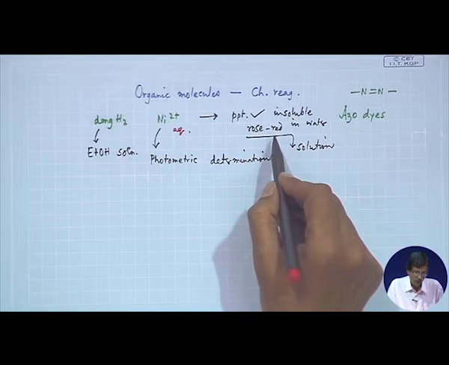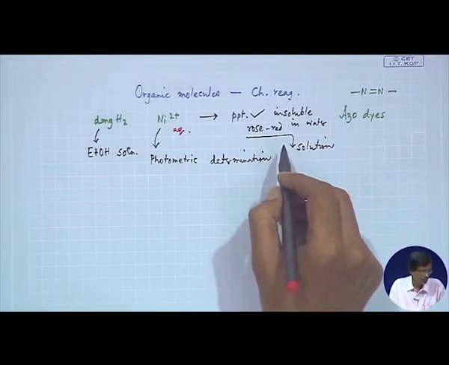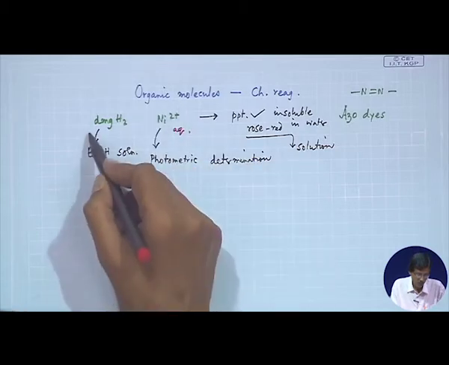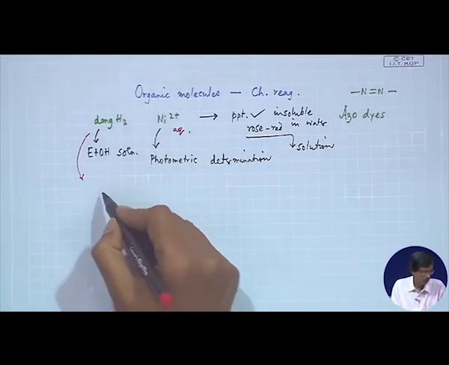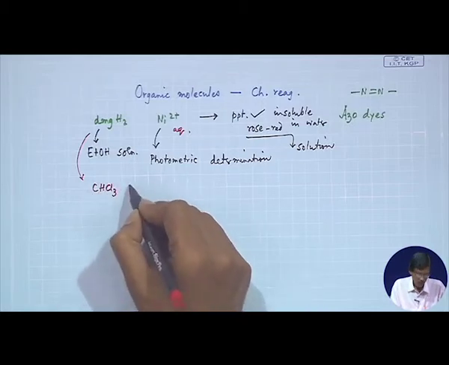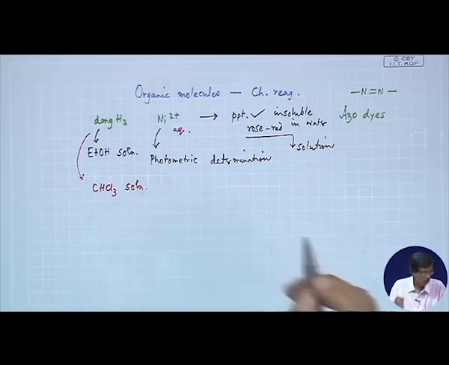We should avoid that in such a way that we take the aqueous Ni2+ and take this in some other solvent. One good example of such a solvent is chloroform, because this is also soluble in chloroform.